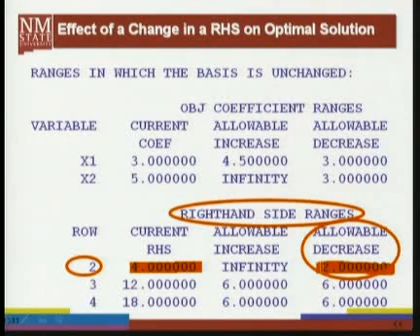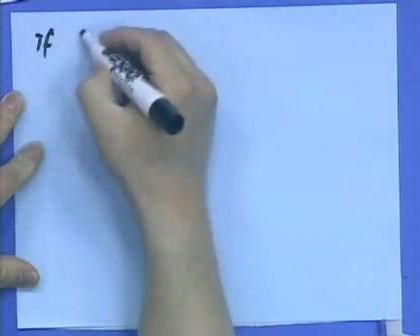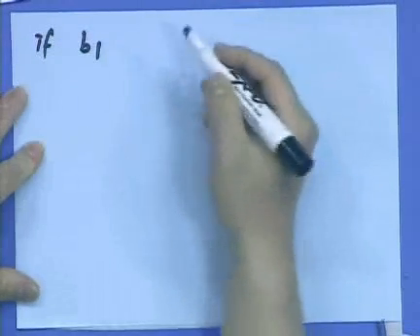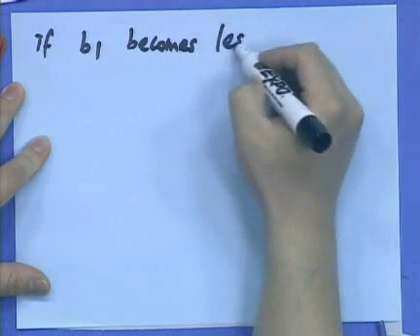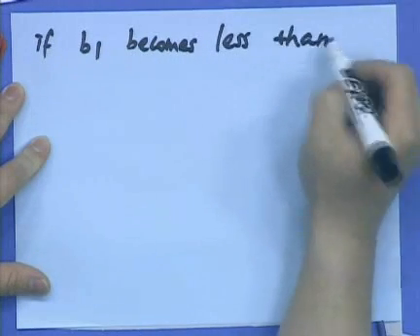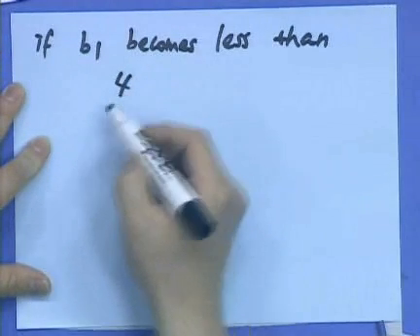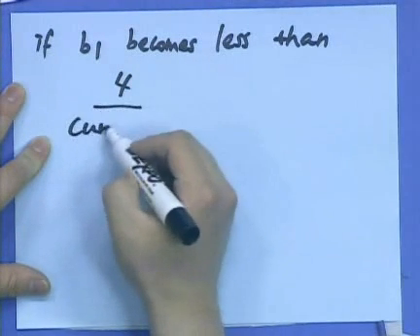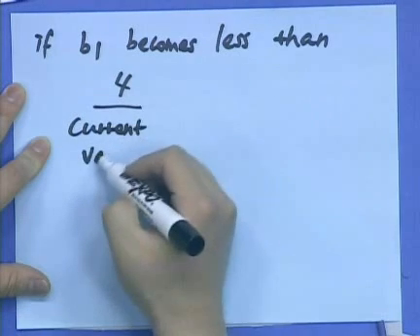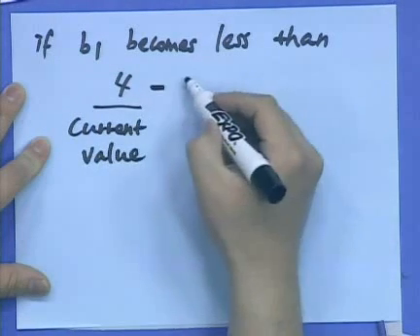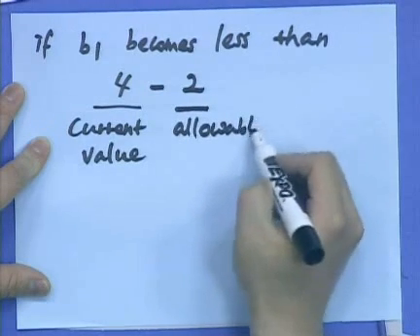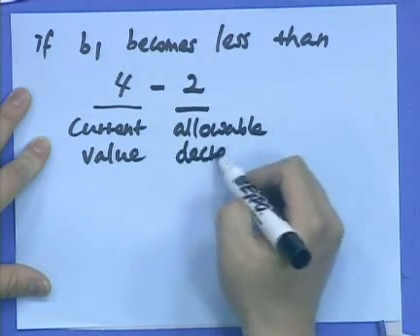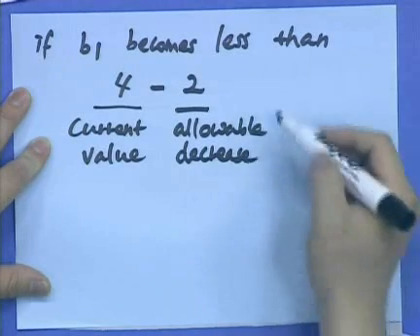Let me write it down for you. If B1 becomes less than 4, which is the current value, minus 2, that is the allowable decrease limit.